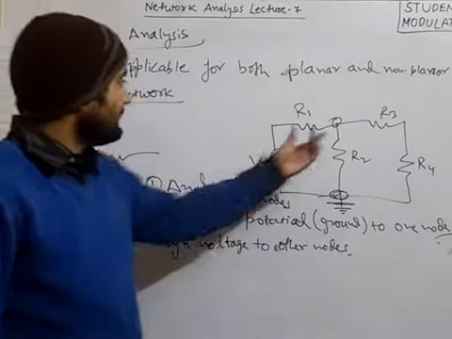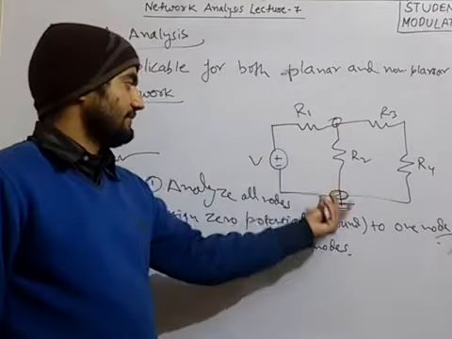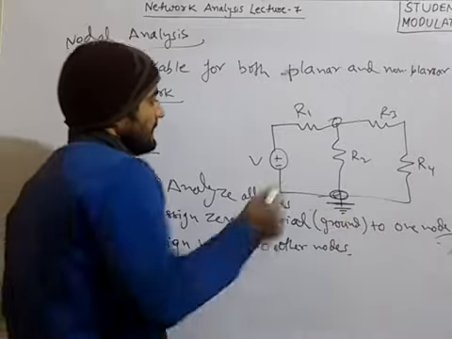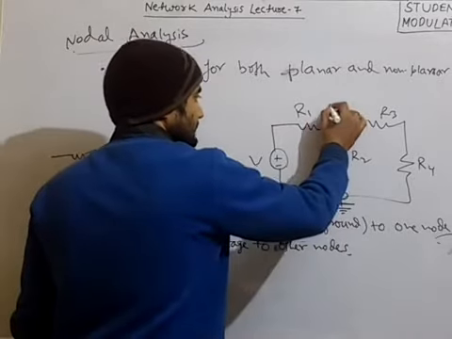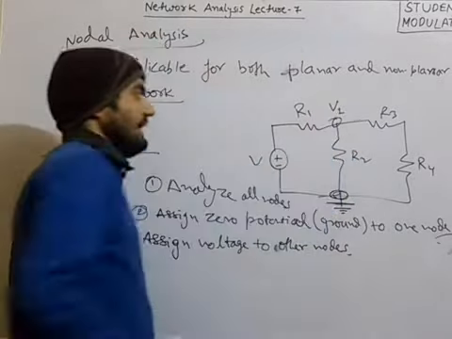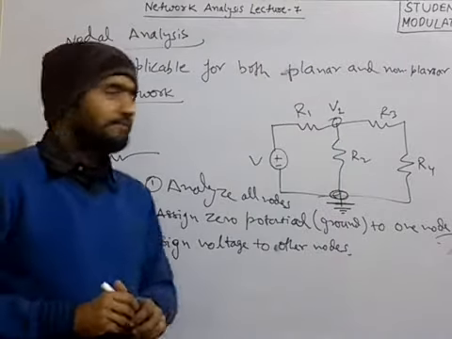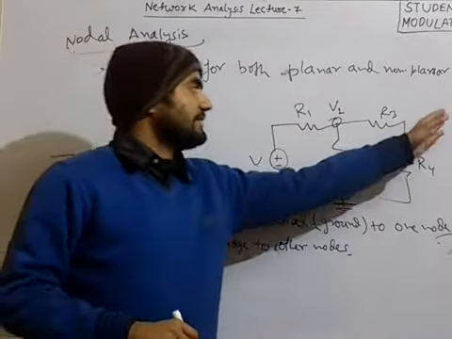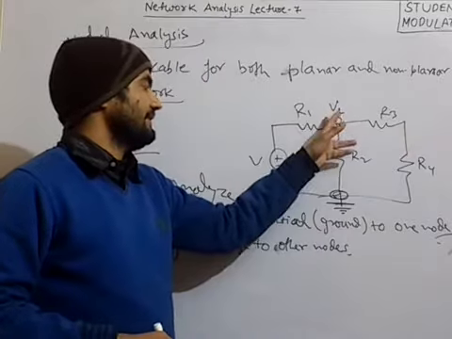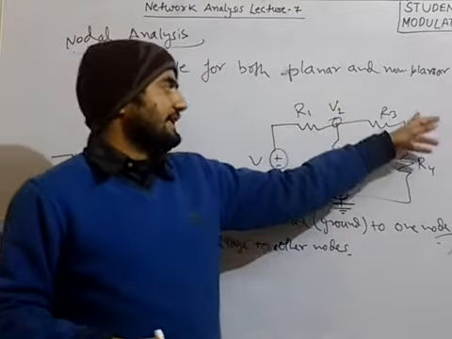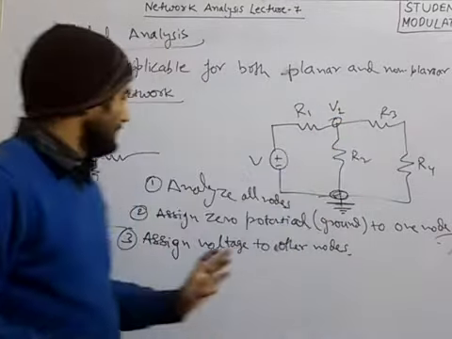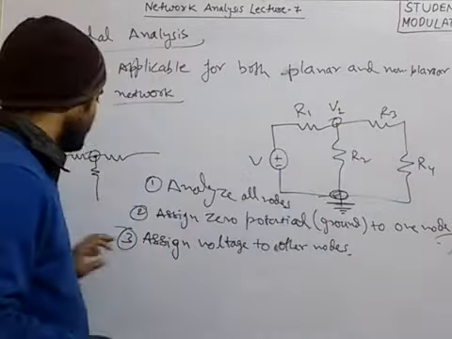Here we have only one node left apart from this, so we will assign one voltage level to it, and that we will call V1. If there were other nodes as well, we would assign V1 to this, V2 to the next, and so on. So the third step is complete.